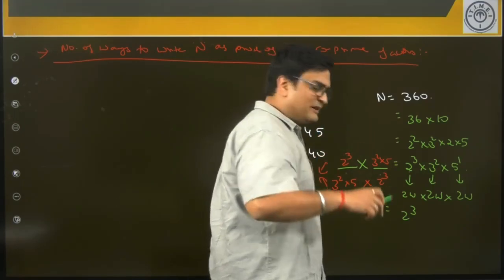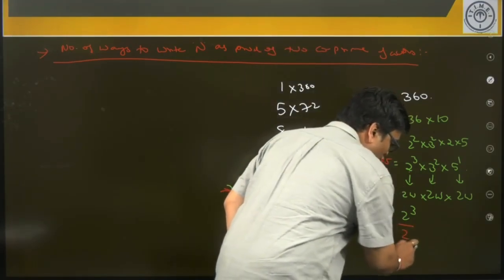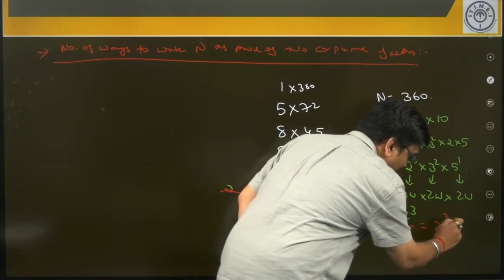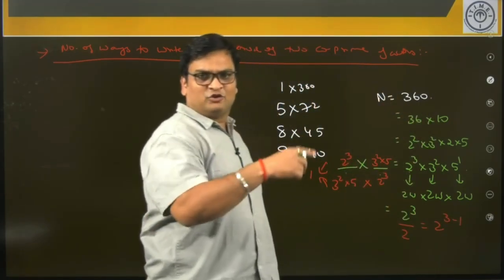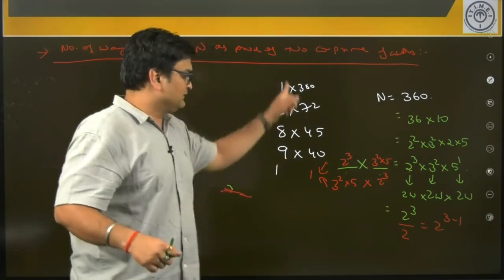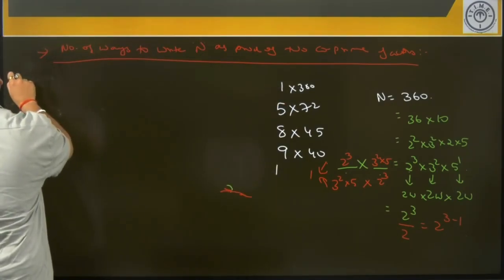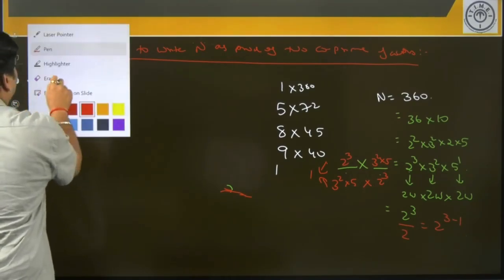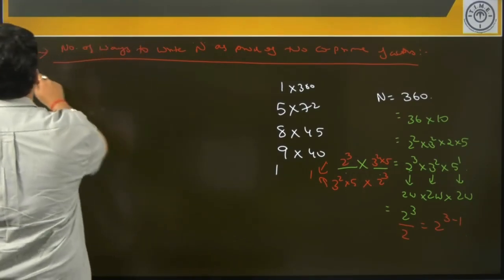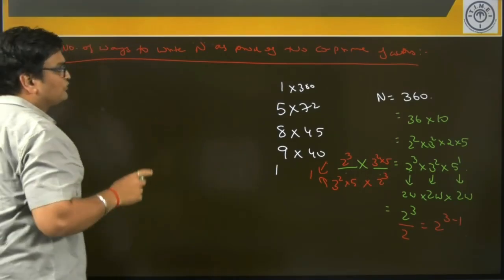So if two cases should become 1, 2 cube cases should become divided by 2, which is 2 power 3 minus 1, which is 2 square, which is 4. So there are 4 ways to write the number as product of two co-prime factors.